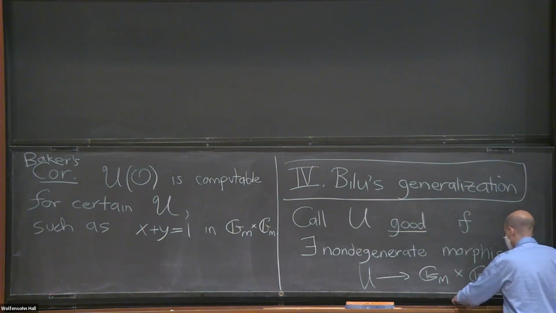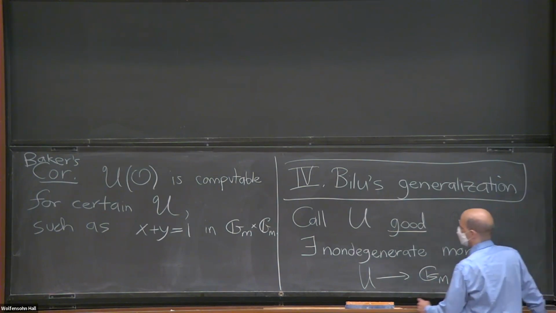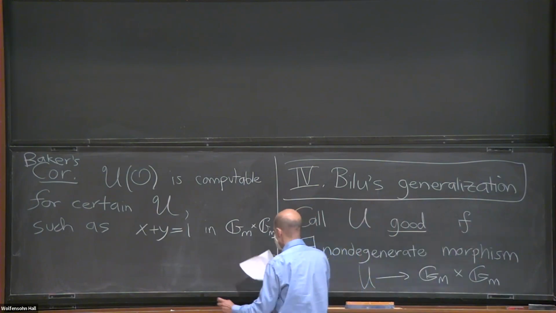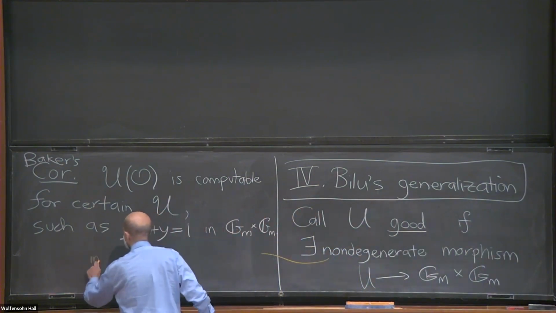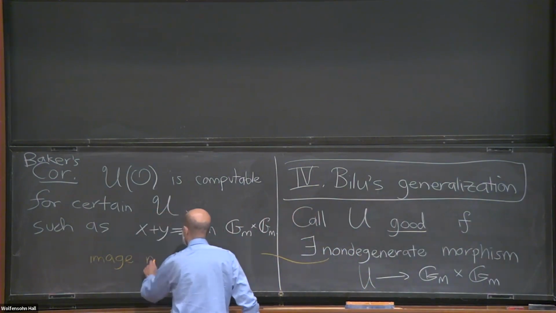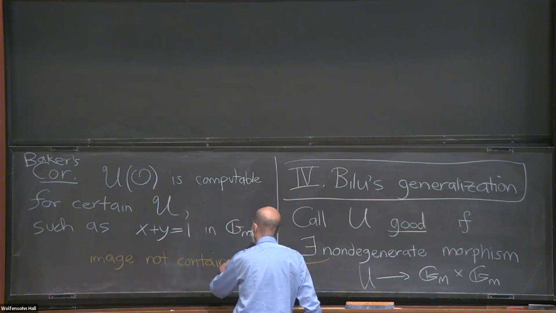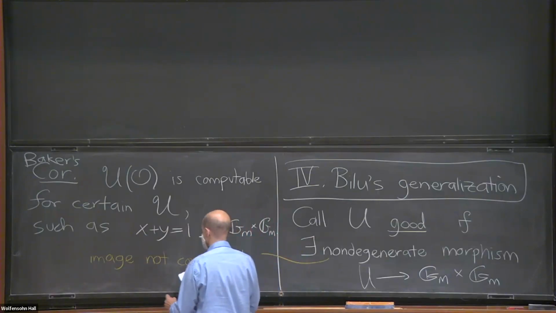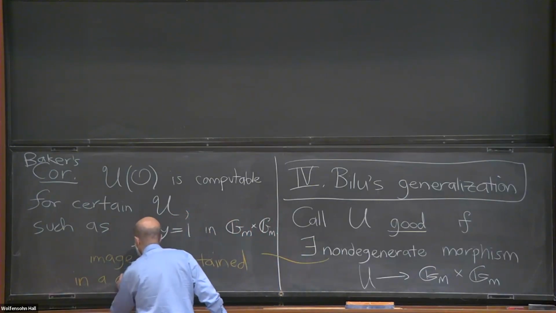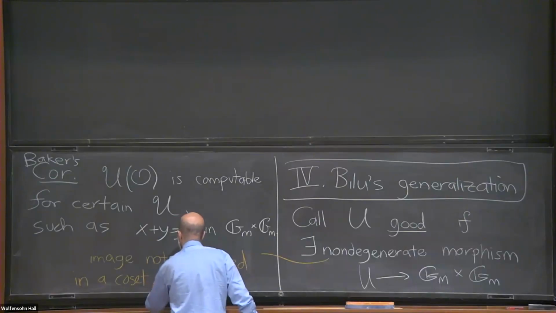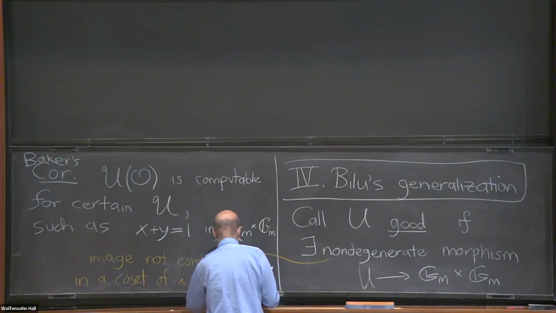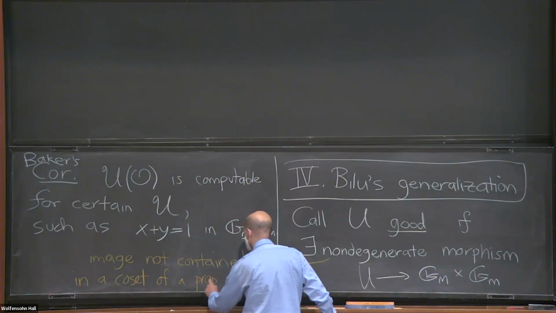So what does non-degenerate mean? Non-degenerate means the image is not contained in a subgroup, or a coset of a proper algebraic subgroup.